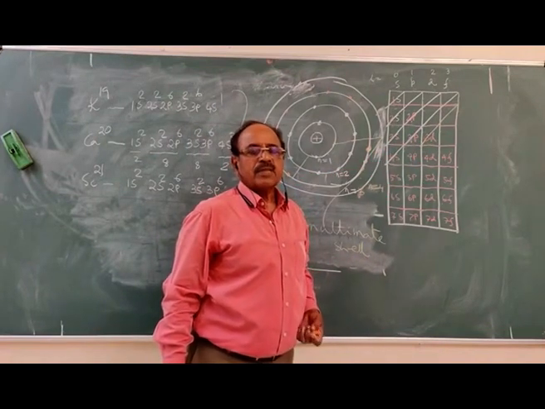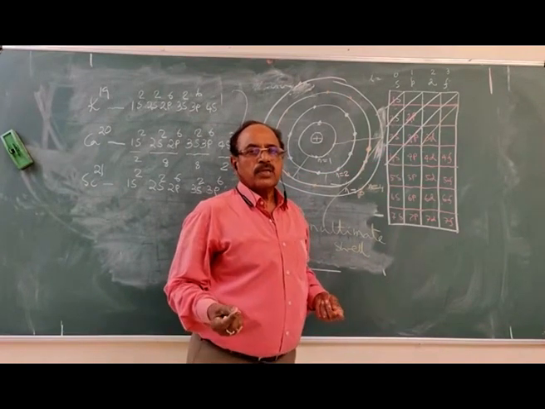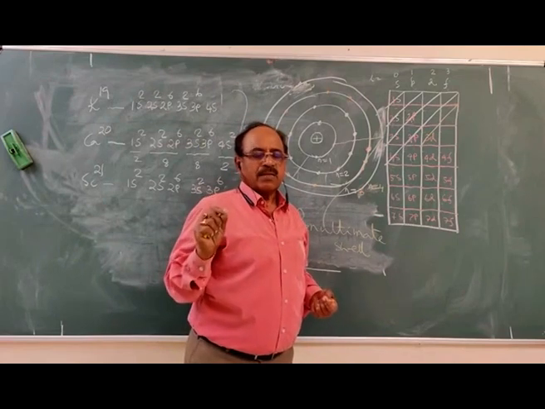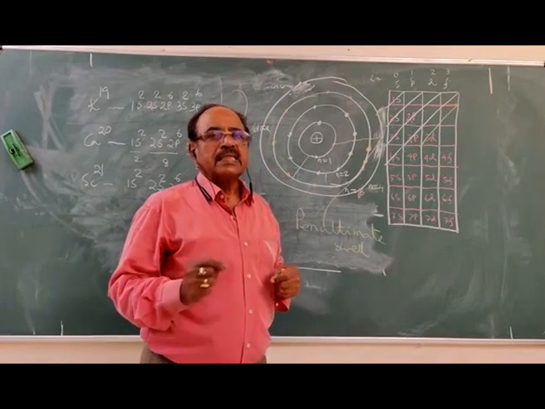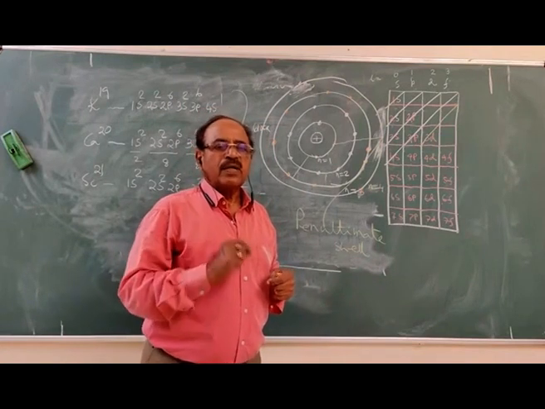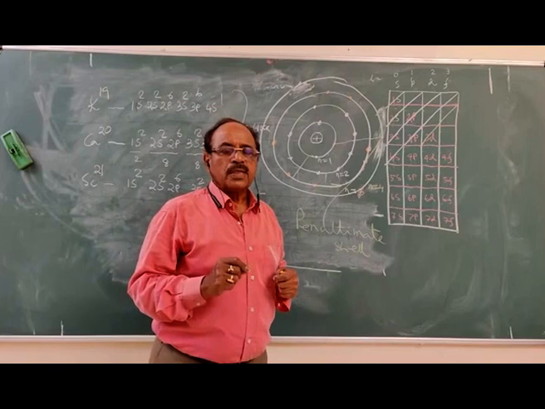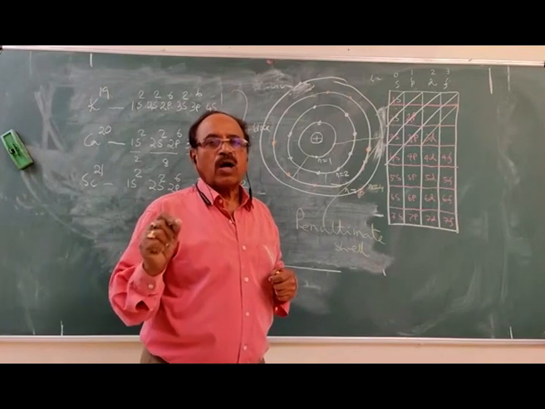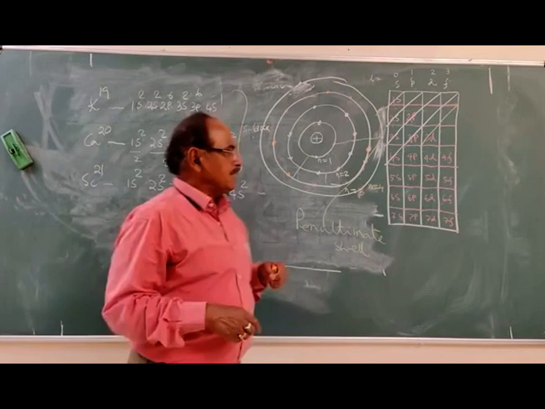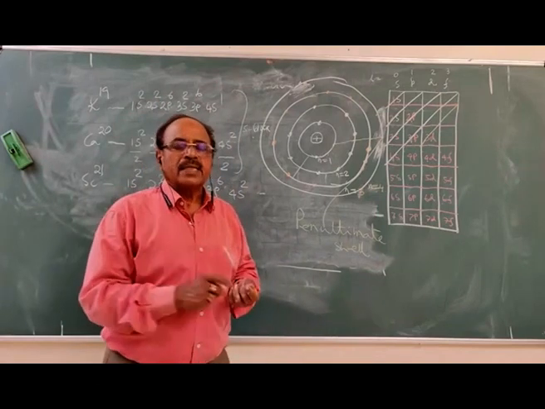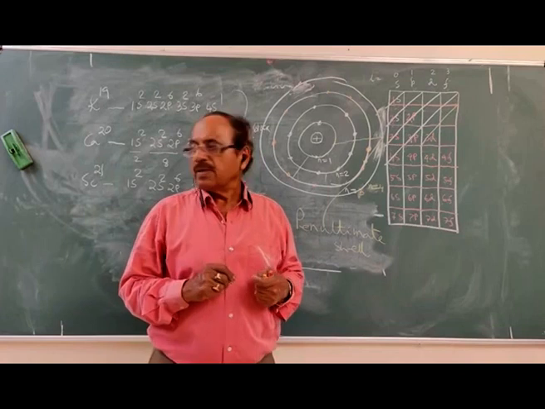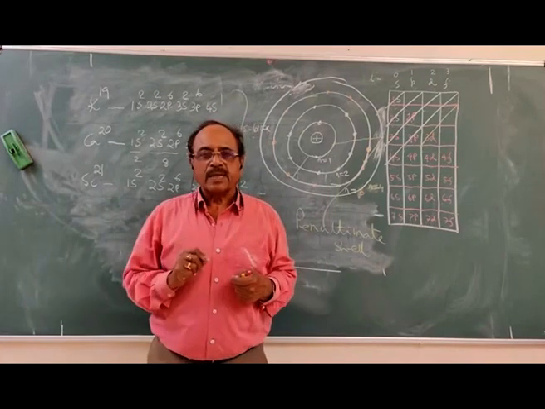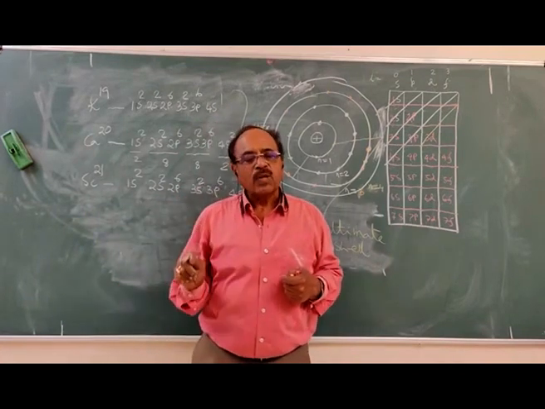Coming to the 10 elements from scandium 21 to zinc 30, the electrons will be filled up into the d orbital of the penultimate shell, and these elements will be called the transition elements. Since the electrons are filled into the d orbital, they are called d block elements.